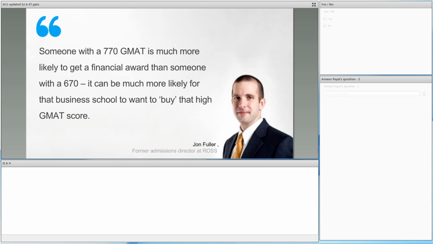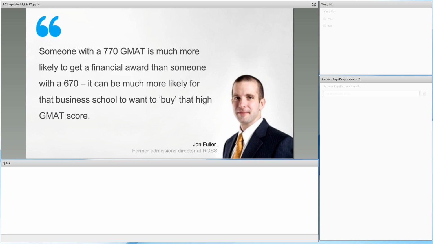The reason being, the B school wants to buy that high GMAT score, right? So getting to a very high score in the GMAT is really very, very important at your end. And I've been saying this over and over again, but yes, a 730 or a 740 or 750 would give you a lot of advantage during your applications, which otherwise a 720 might not be giving you, right?